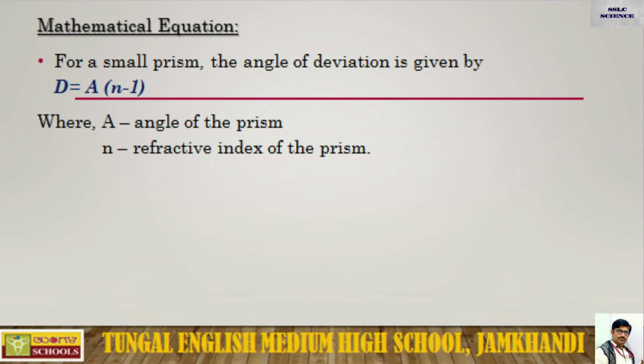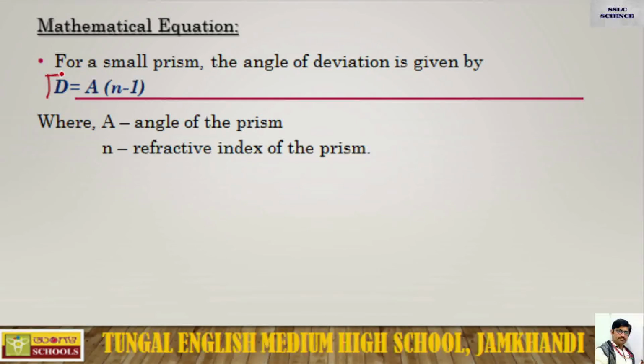Now we can write a mathematical expression for the angle of deviation for a small prism. For a small prism, this formula is valid. For a larger prism, we need to make some adjustments to that. Anyway, I'm not bothering too much. For a small prism, the angle of deviation is given by D is equal to A into N minus 1.